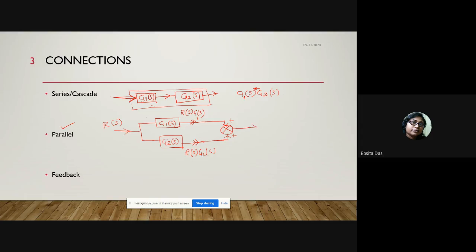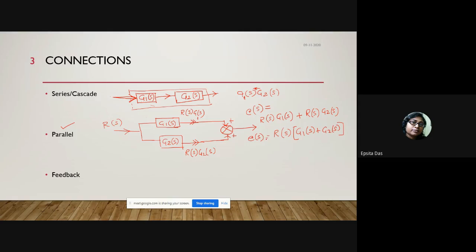So the overall signal is R(S) into G1(S) plus R(S) into G2(S). This is my overall output C(S). If I take R(S) common, C(S) is R(S) into G1(S) plus G2(S).